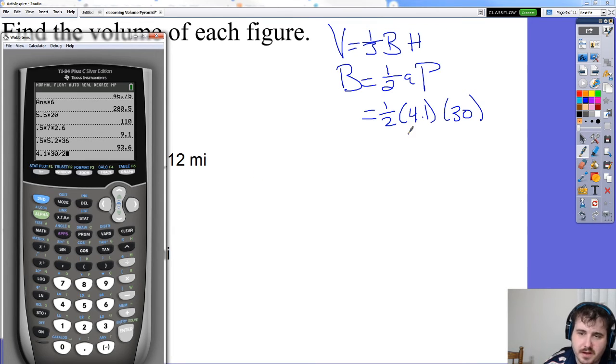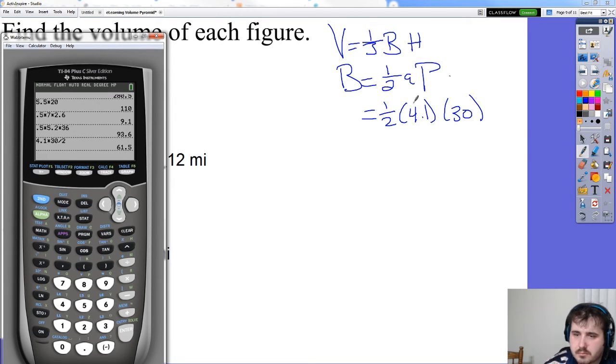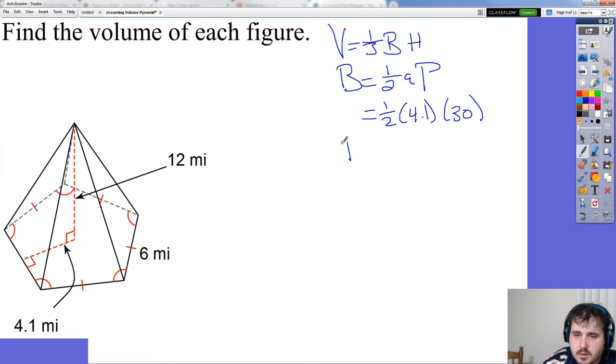I've been doing 0.5 times 4.1 times 30, but you can also remember multiplying by 1/2 is the same thing as dividing by 2. 60 something, 61.5. And then your height is right here. That's this 12 right here.